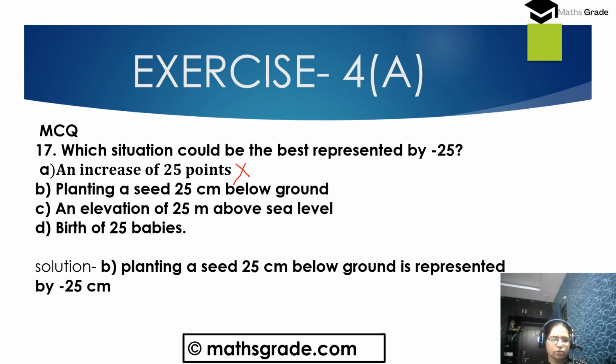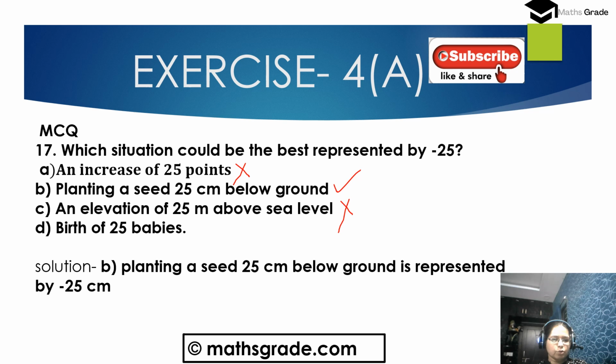This is correct. An elevation of 25 meter above sea level, above means positive, so this will be represented by positive 25, so this is incorrect. Birth of 25 babies, birth is positive, so it will be represented by positive 25, so this is incorrect.